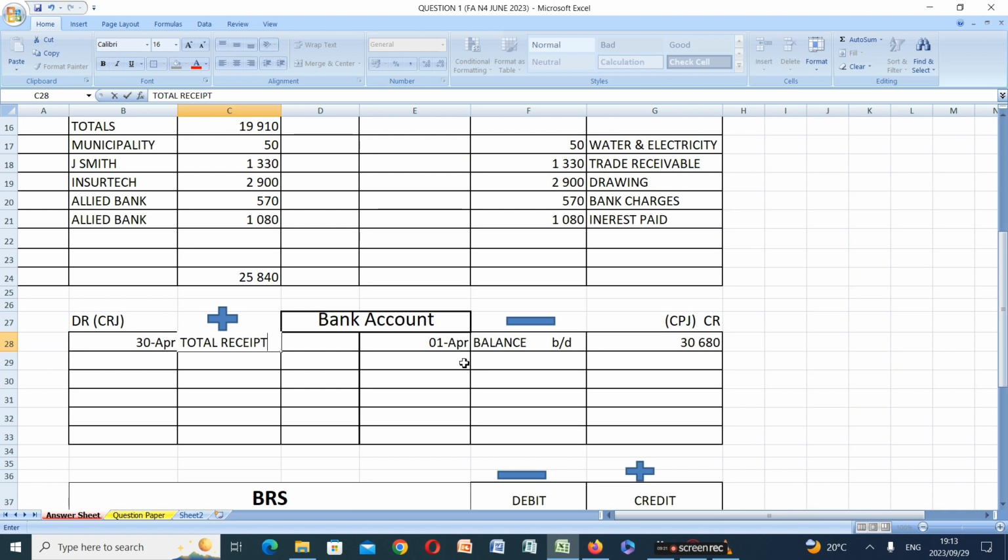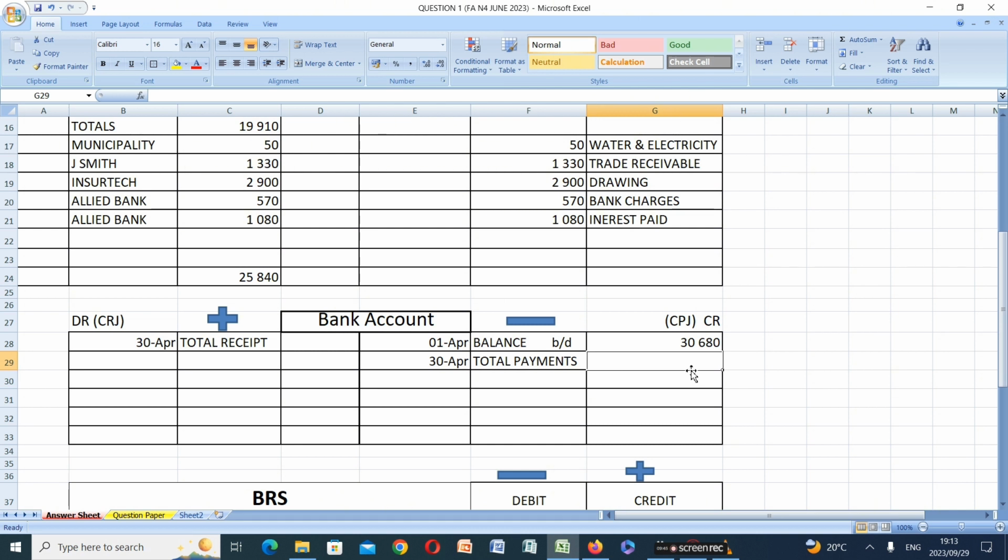And then on the credit side, it's also on 30 April, total payments. The amount is our total payments.